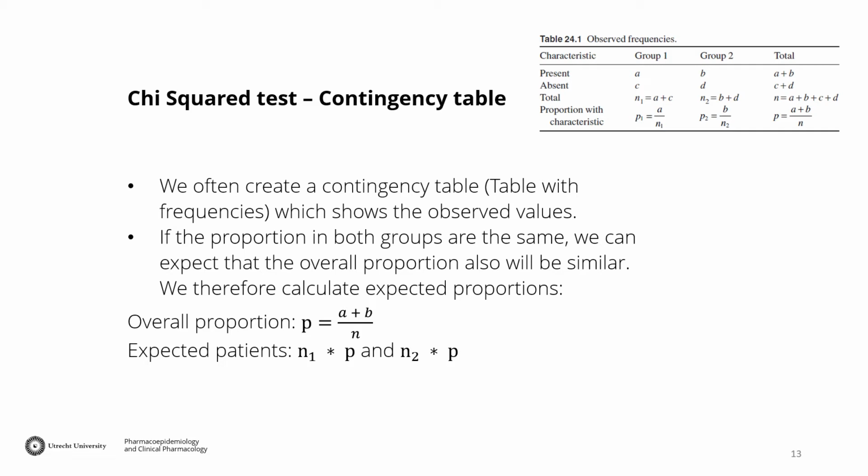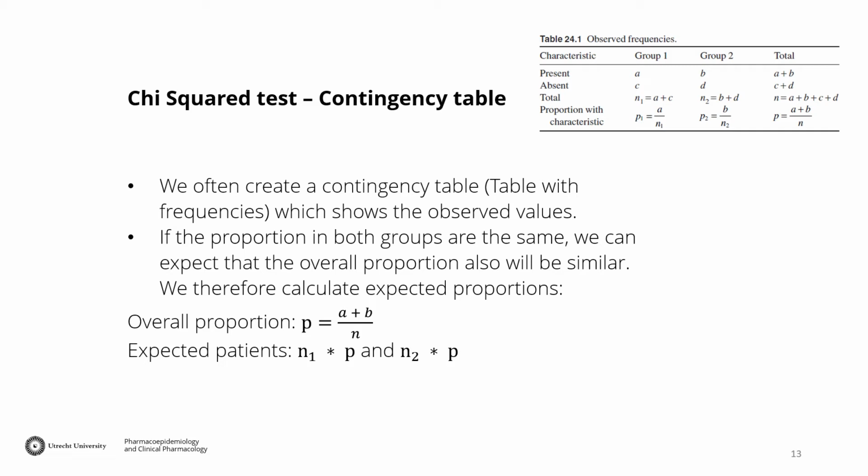Additionally, you can also calculate the proportion with the characteristics. The proportion 1, as you can see in the table, would be A divided by N1, which is the total for that column. Then there is the overall proportion.